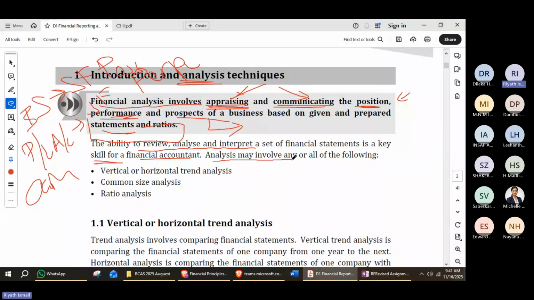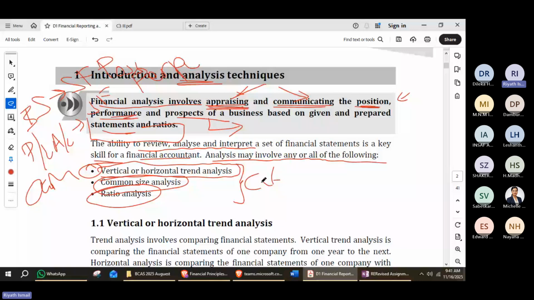Analysis may involve any of the following. Number one, vertical or horizontal trend analysis, common size analysis, and ratio analysis. So these are the three different categories of analysis.